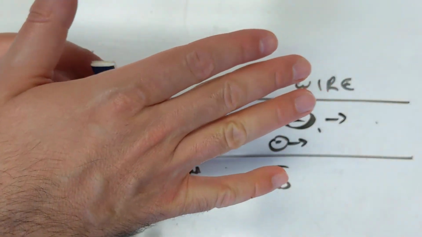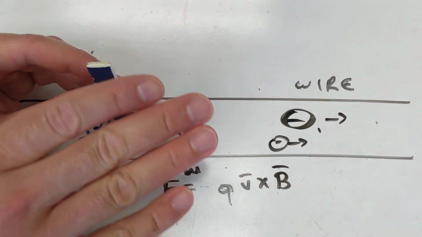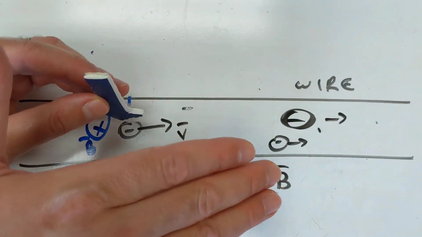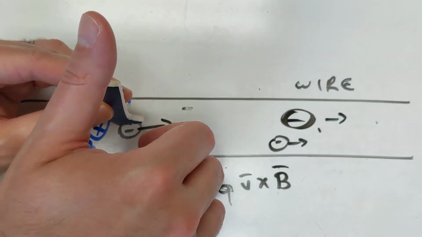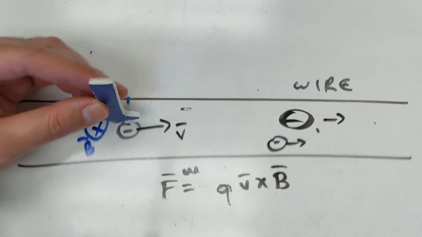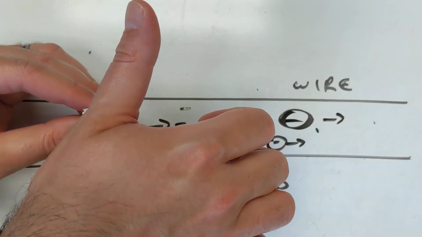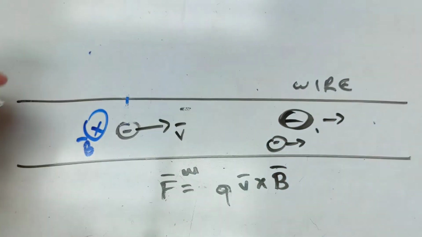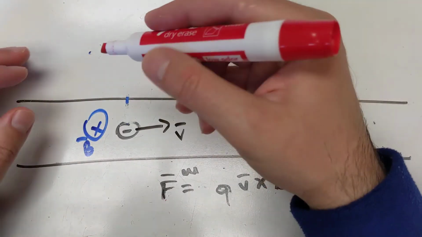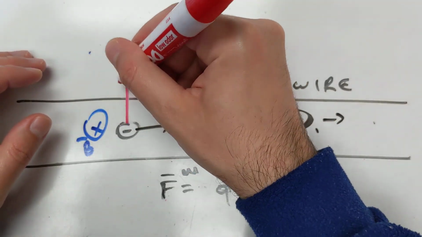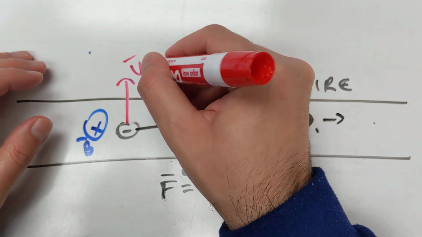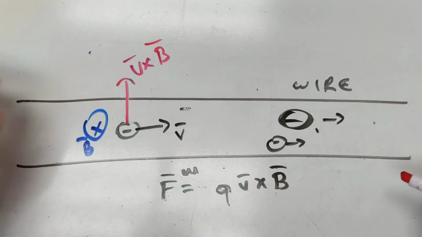I have to rotate my hand towards V, and then I curl my fingers in the direction of B, and my thumb now goes this way. So this is the direction of V cross B.